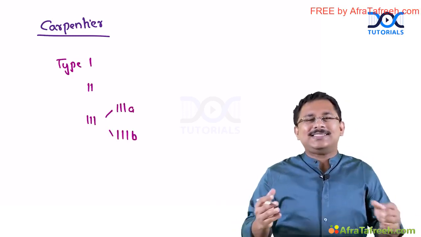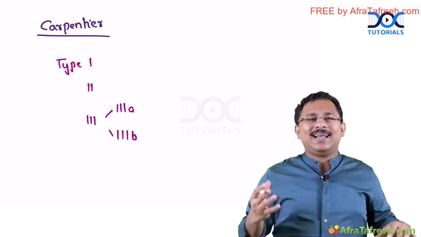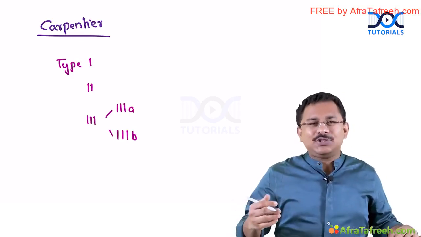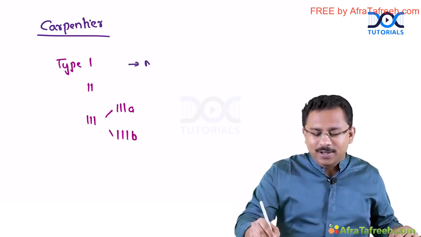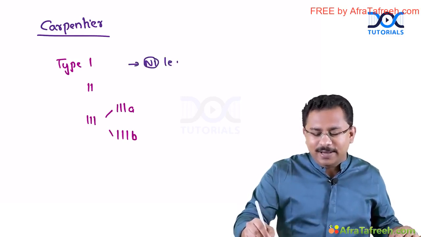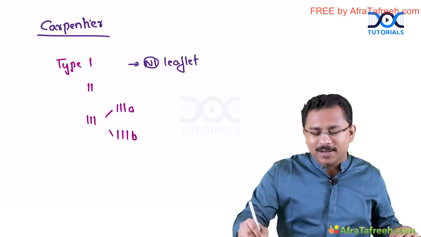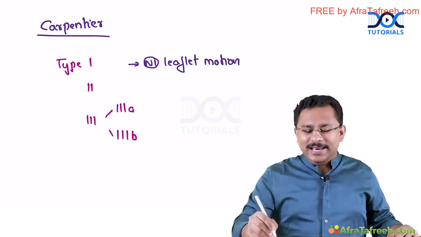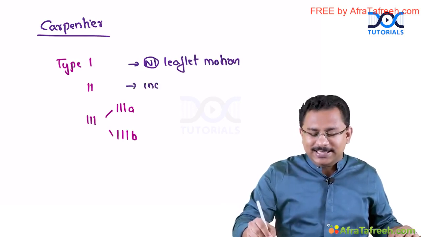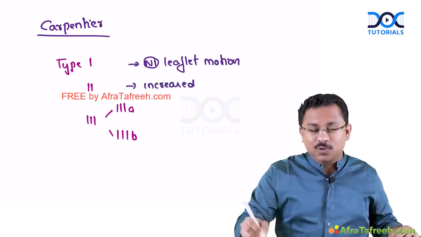So what are these Carpentier classes? Well, when it comes to the leaflet motion, in type 1 you will have normal leaflet motion, whereas the leaflet motion is increased in case of type 2.